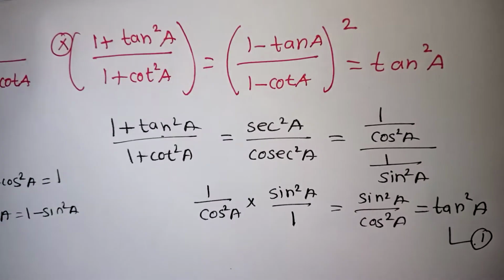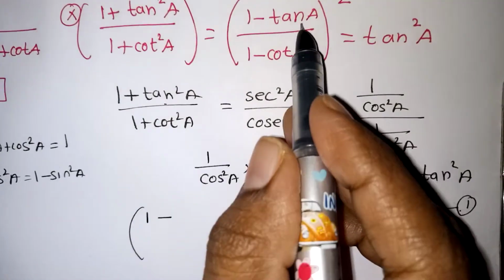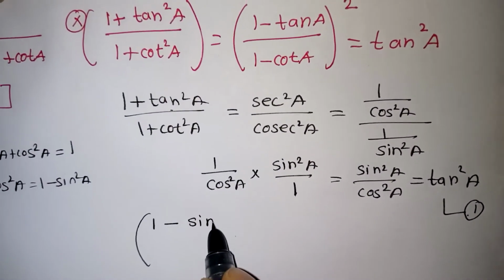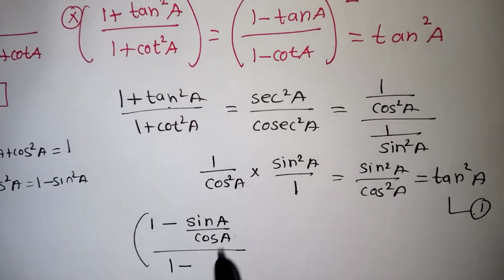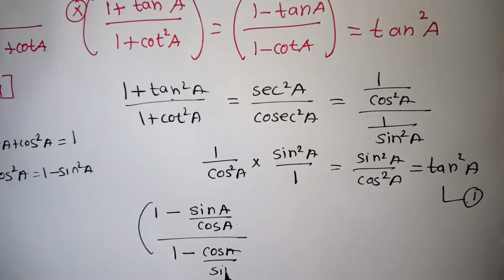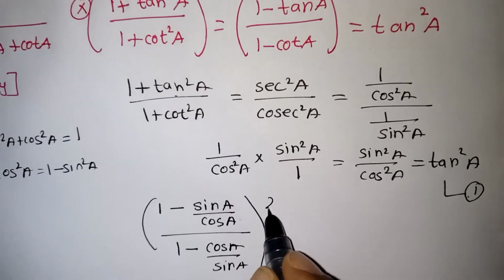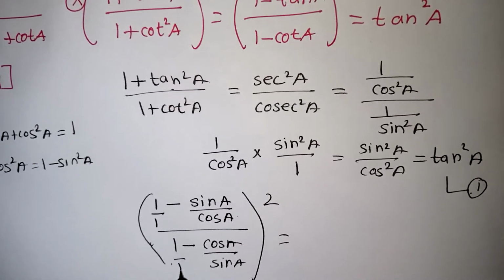Second, we are going to take the second term. Our second term is (1 − tan A)/(1 − cot A), the whole squared. Tan A, let us take sin A by cos A, divided by 1 minus cot A. Cot A will be written as cos A by sin A, the whole square it will be. Now here we should take the LCM for the numerator as well as for the denominator.